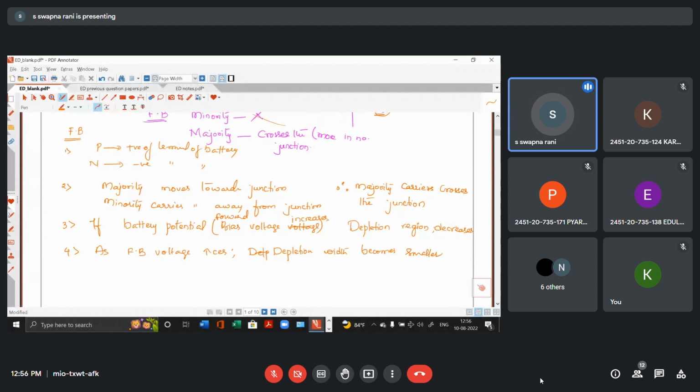Depletion width progressively becomes smaller and smaller, and the diode current increases exponentially.